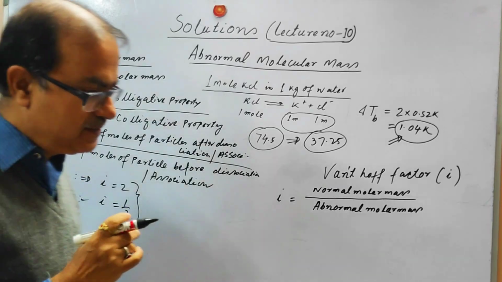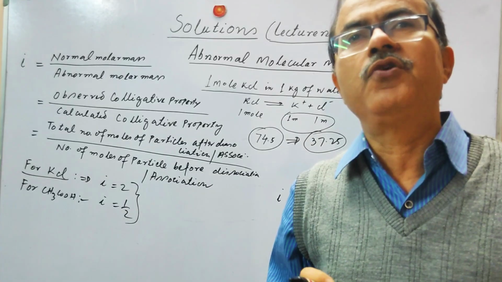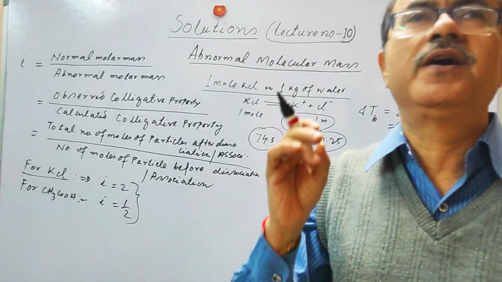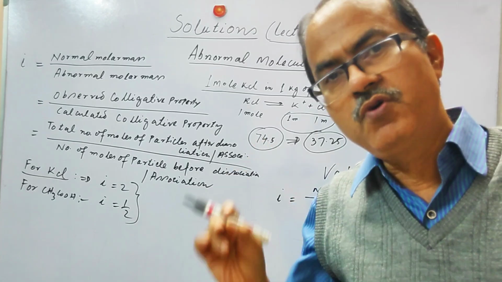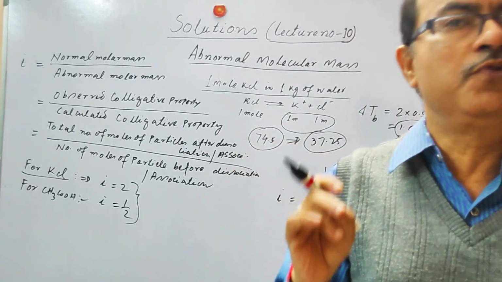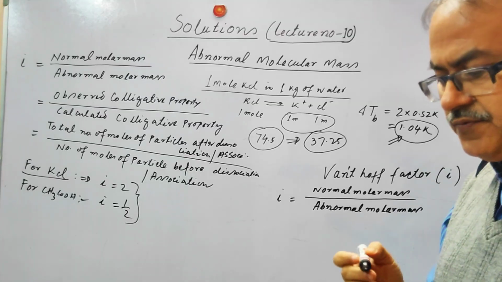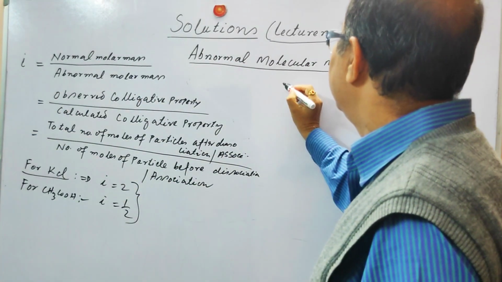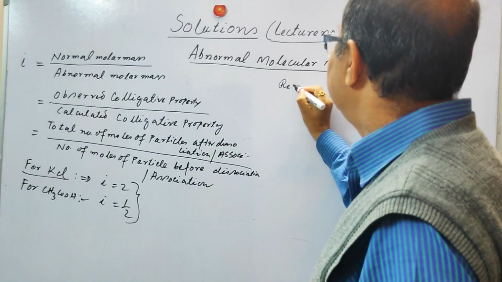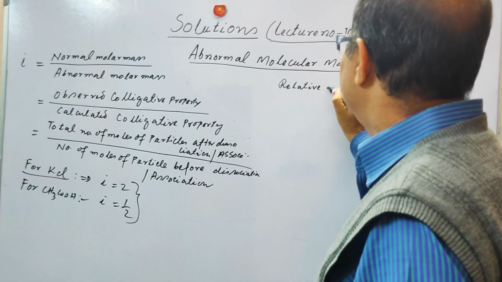So now, what we have to do is modify the formulas. The formulas for the elevation of boiling point, depression of freezing point, relative lowering of vapor pressure, and also osmotic pressure, we have to modify them. So, what will be the modified formula? Let us understand. The first formula is the relative lowering of vapor pressure.